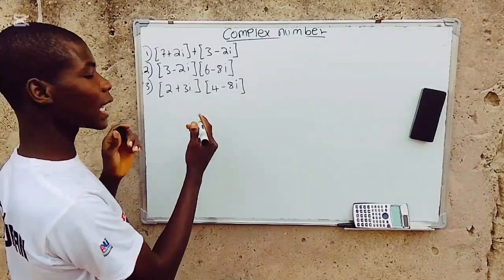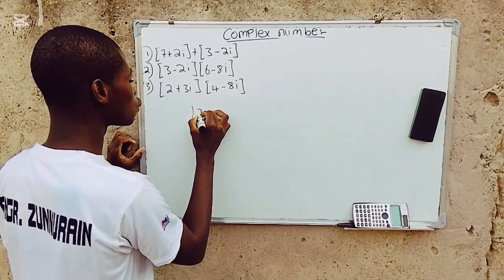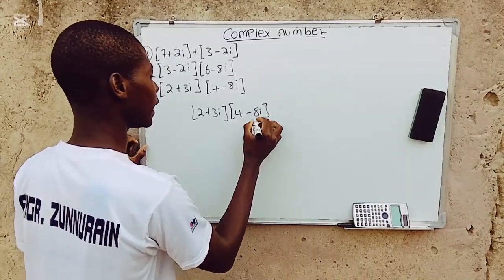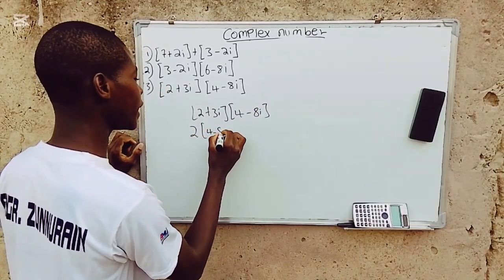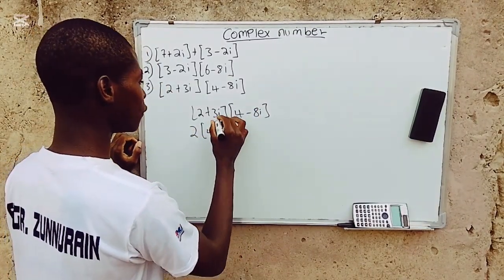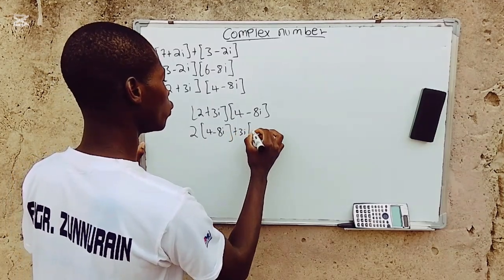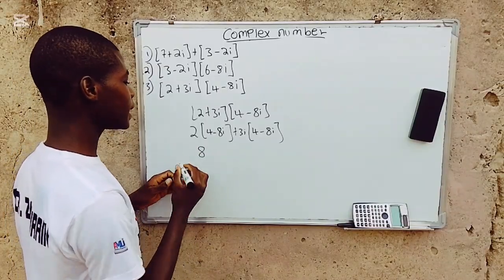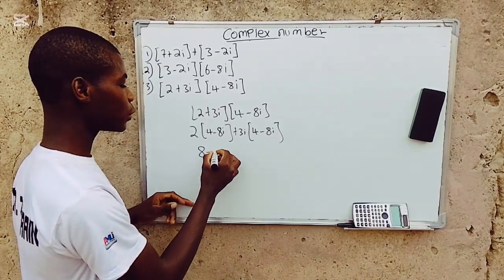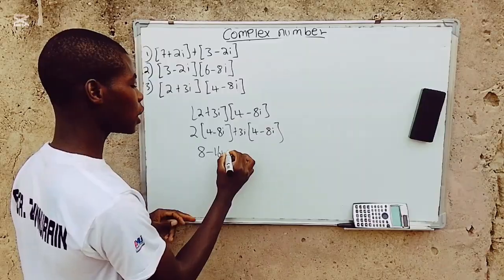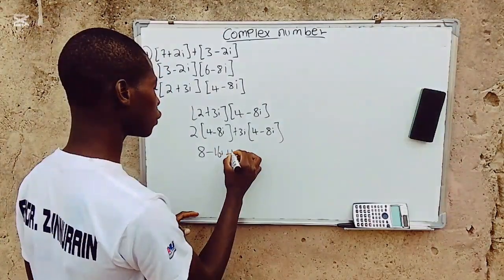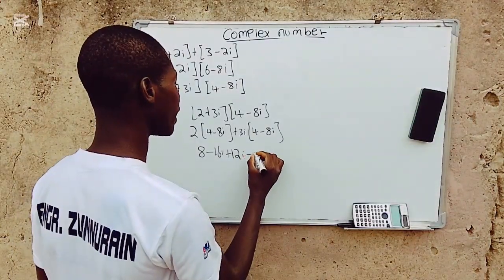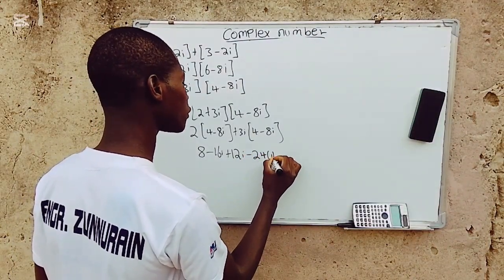Now I'm going to solve the third question: 2 plus 3i multiplied by 4 minus 8i. Therefore 2 into 4 minus 8i, and plus 3i into 4 minus 8i again. 2 multiplied by 4 is 8, and 2 multiplied by 8 is 16i. Plus 3 multiplied by 4 is 12i, and 3 multiplied by 8 is 24i, minus 24i squared.